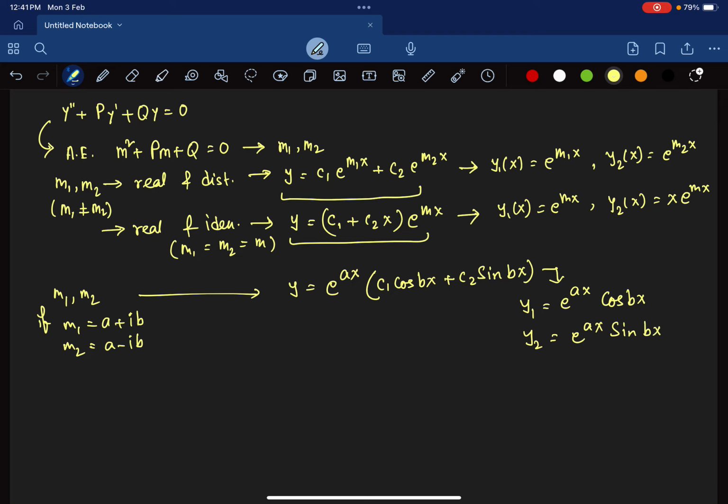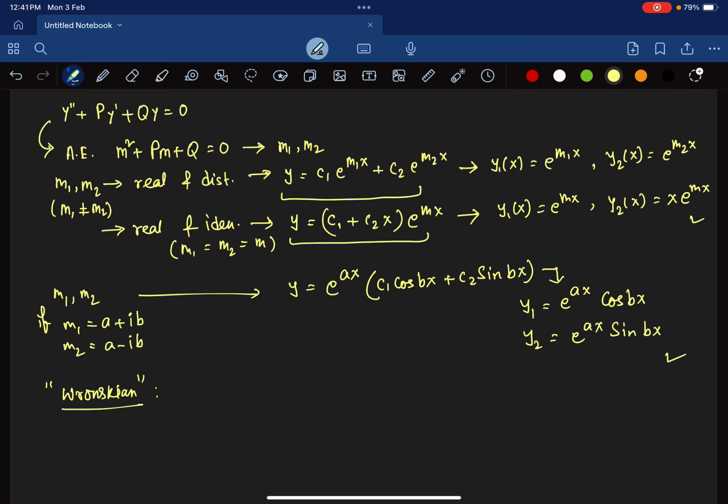Now here, see, this is a second order equation. So here you have y1, y2, here also y1 and y2, here also y1, y2. Now this y1 and y2 are linearly independent. So in this case, you need a term called the Wronskian. You'll be checking the Wronskian to decide whether y1 and y2 are linearly independent or not. So what is the Wronskian?